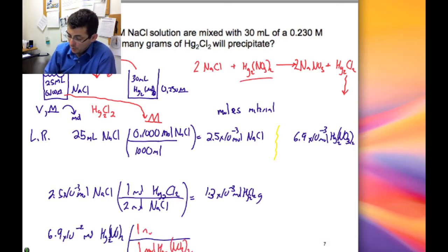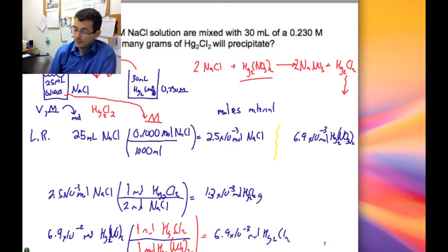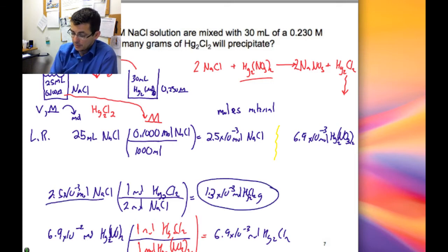That gives us 1 mole of mercury(I) chloride, and we get out 6.9 times 10 to the negative third moles of mercury chloride. So what this shows is that we produce less mercury chloride, so that means this is our limiting reagent.